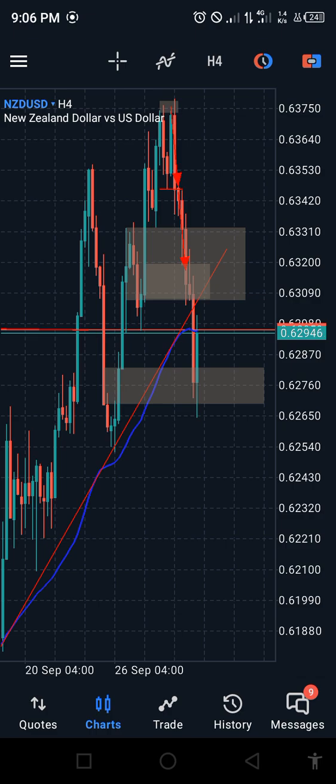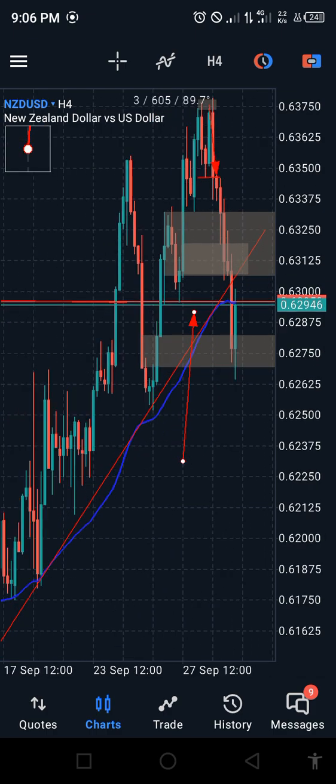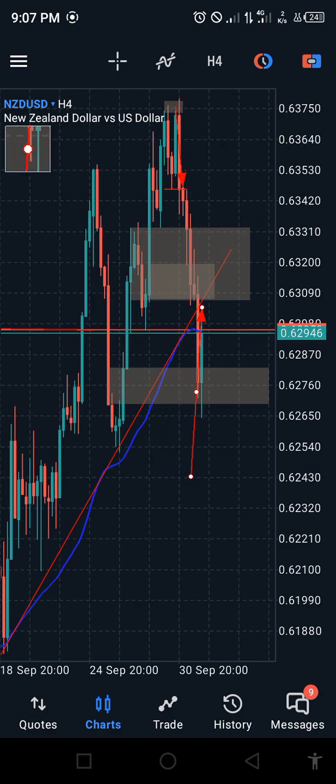Remember how we did top-down analysis on NZDUSD the other time, and we gave two possible scenarios. Who can remember the first scenario? Okay, so the first scenario was that firstly we have our trend line, so we expected price to bounce off this trend line, but we gave two scenarios.